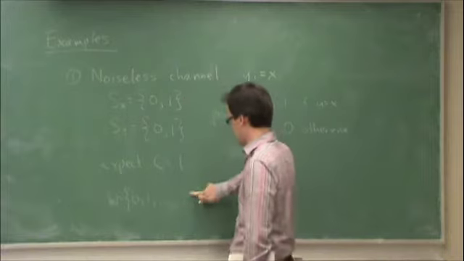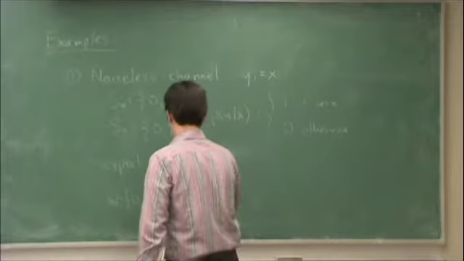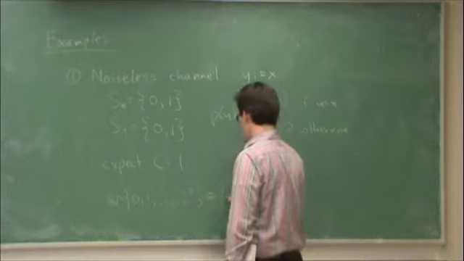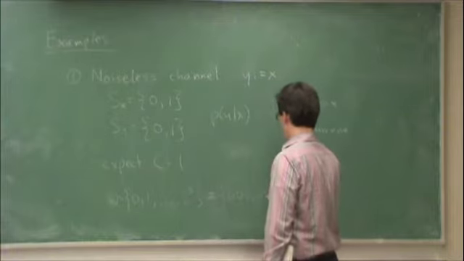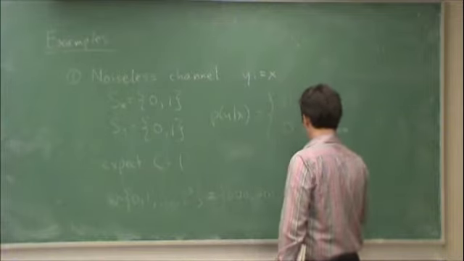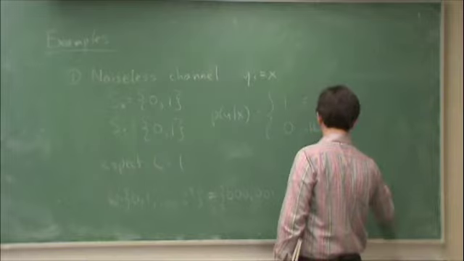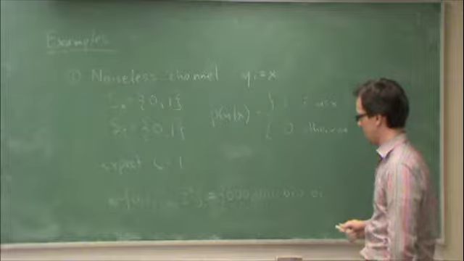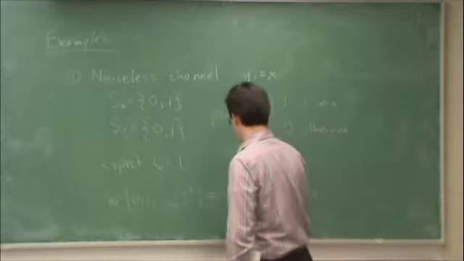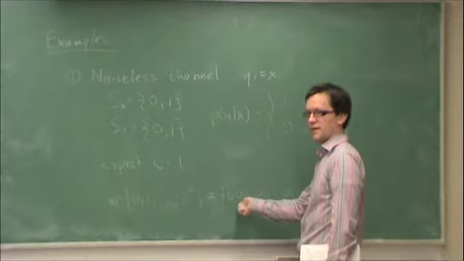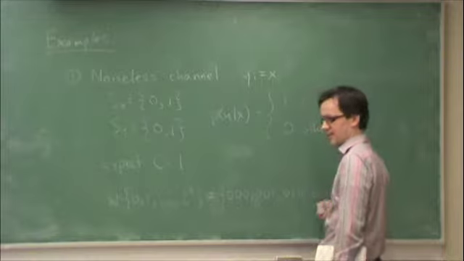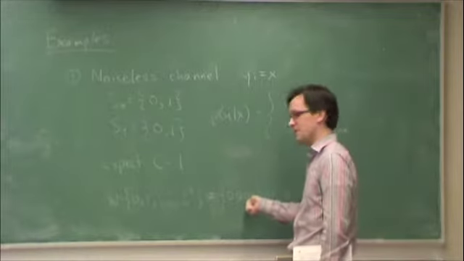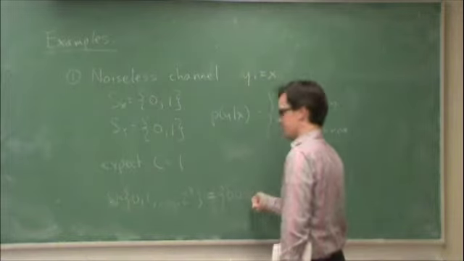Actually, let's choose a specific value, 2 to the 3rd. So I can express those messages in binary easily. If I send any element of this message set, I receive exactly the same thing. So each of these is a message bit. For each message, I have 3 message bits.